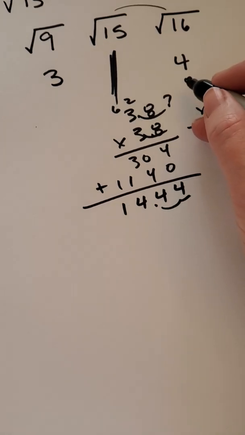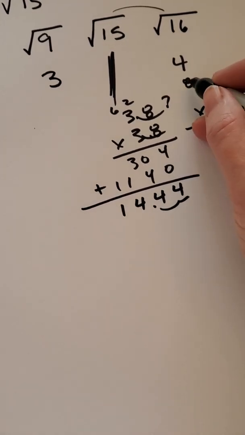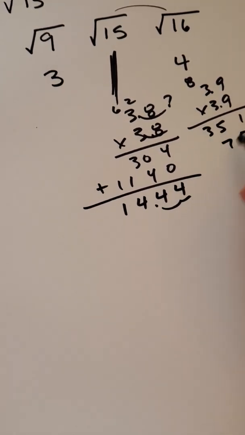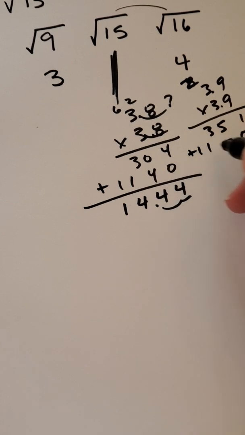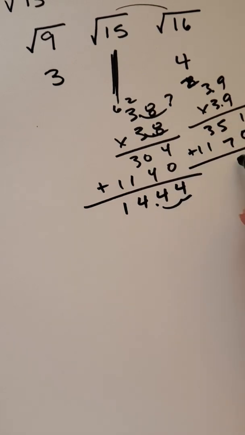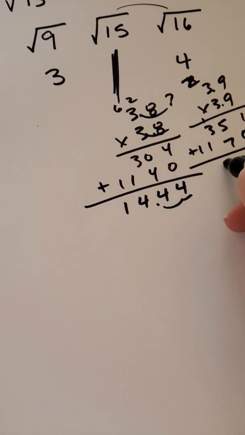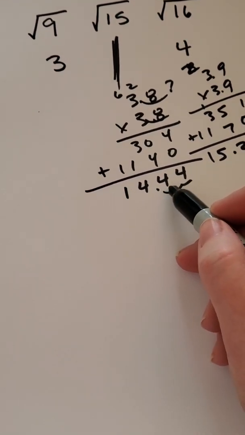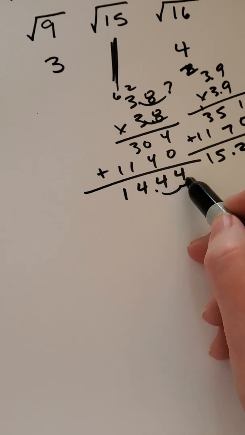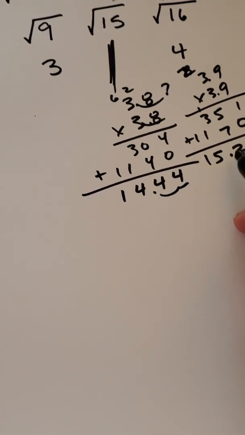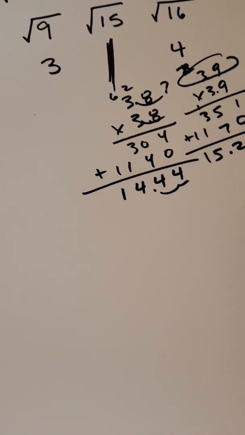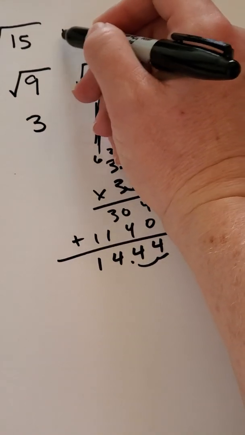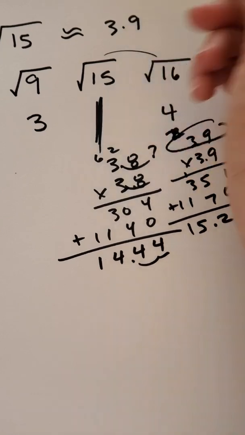It's early in the morning, so my brain is not on yet. 27 plus 8 is 35. Hopefully I'm not making any mistakes right now. Okay, and we get 15.21. This one is 0.36 away, and this one is 0.21 away. So that one is closer. So 3.9 would be the answer. So the square root of 15 is about 3.9.